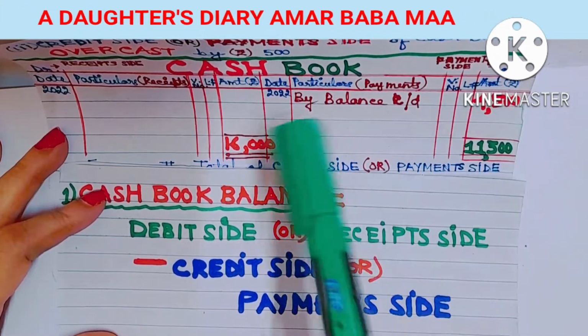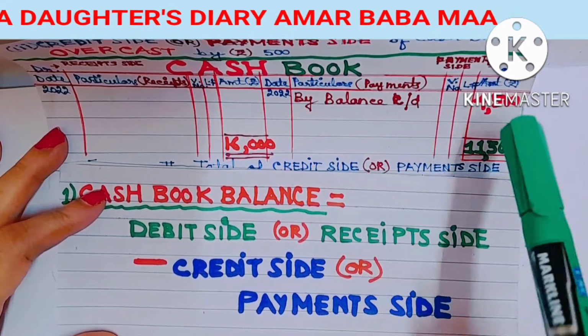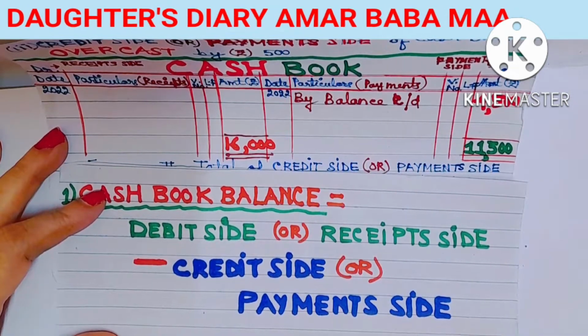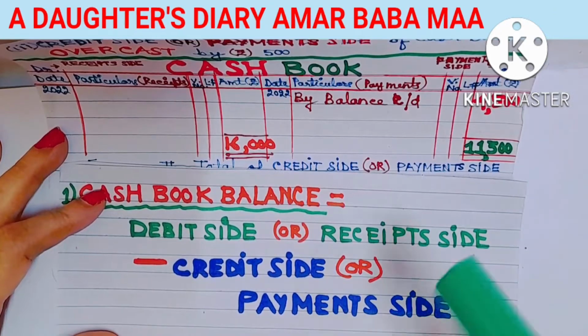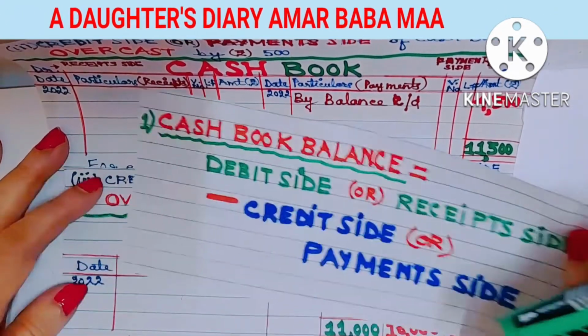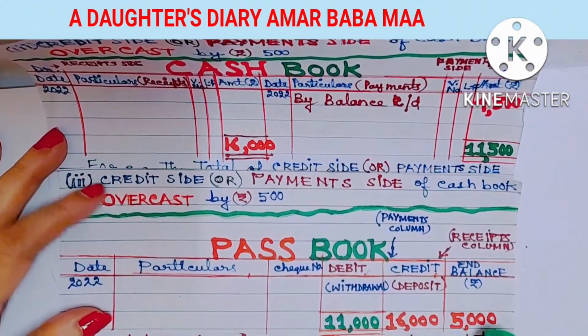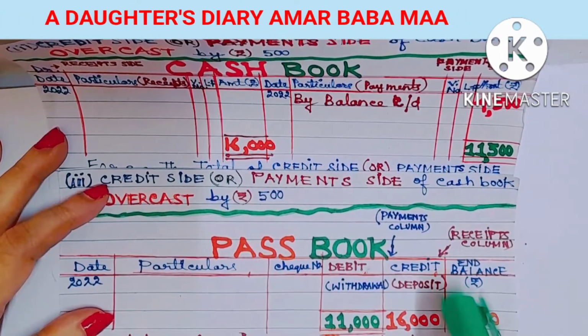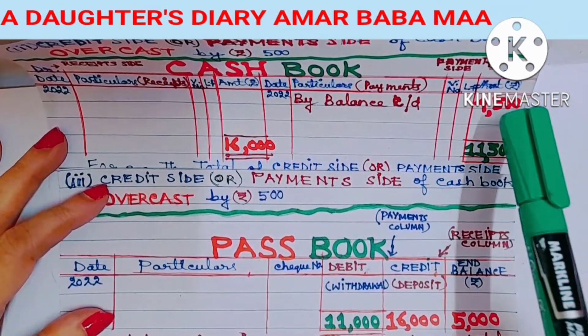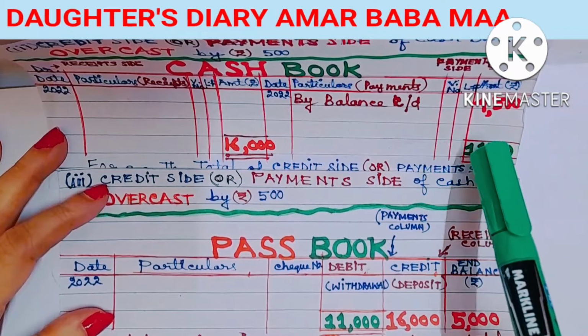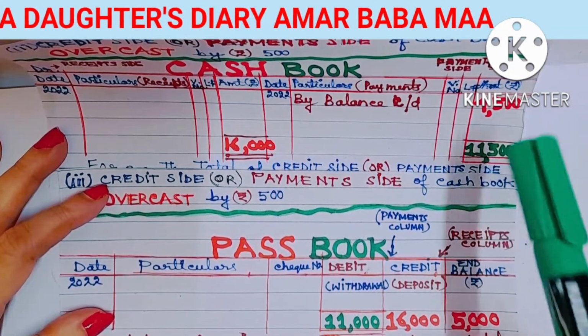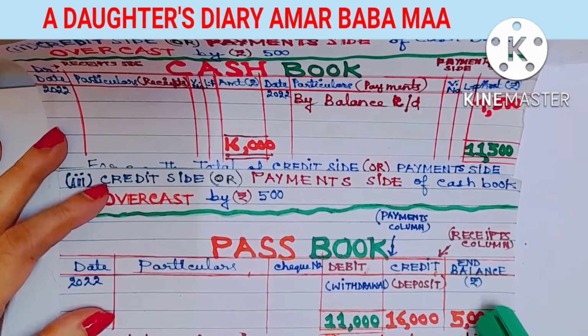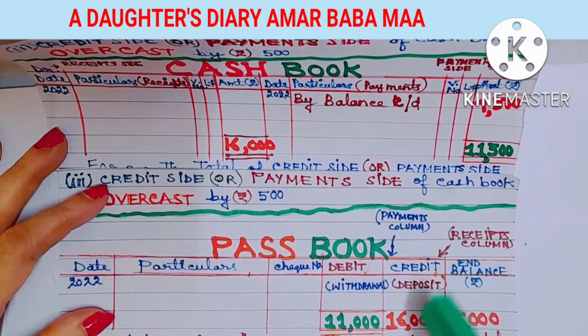So cash book balance is less by 500 in comparison to passbook balance. See, passbook balance is 5,000 and cash book balance is 4,500. So cash book balance is 500 less and passbook balance is 500 more, which is correct.